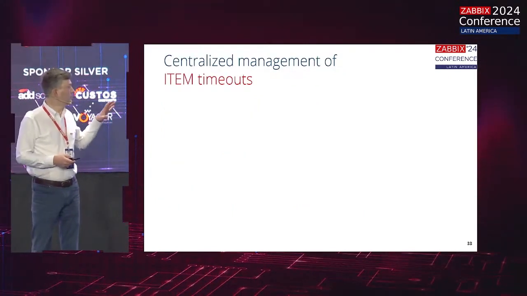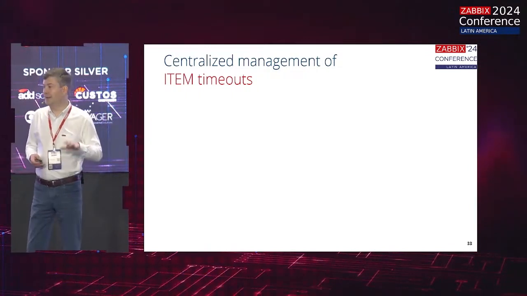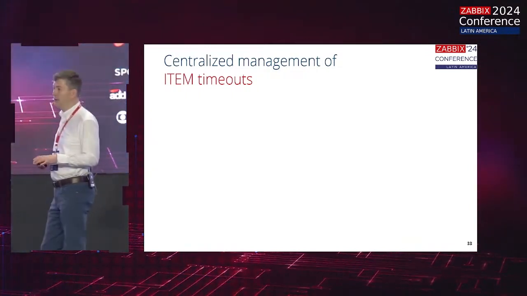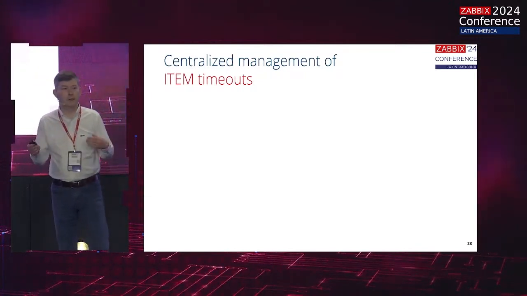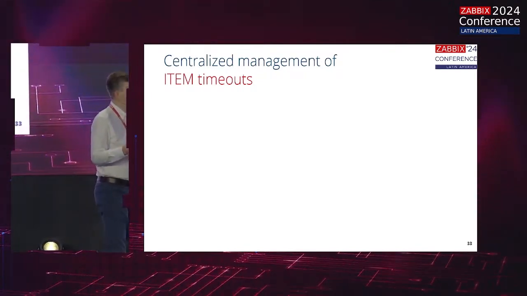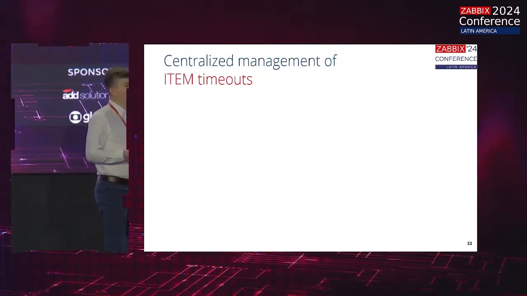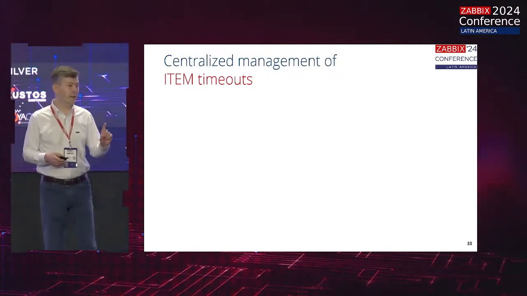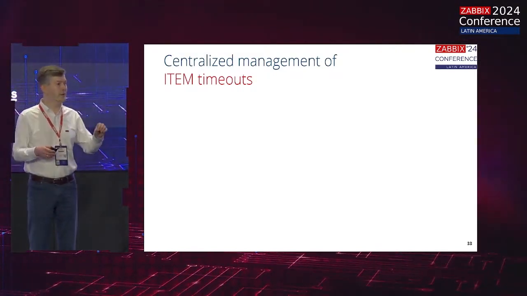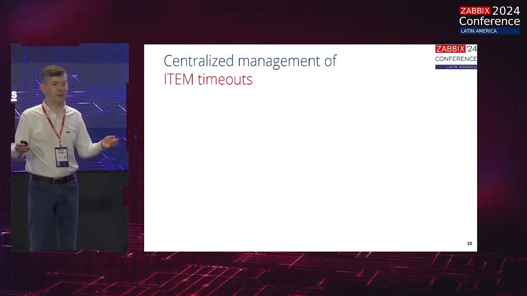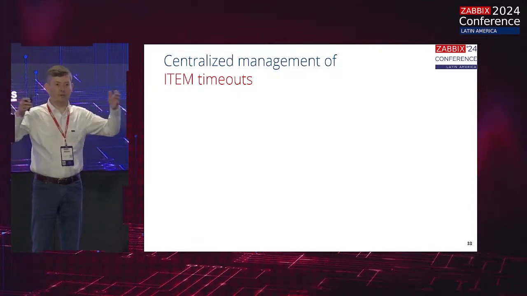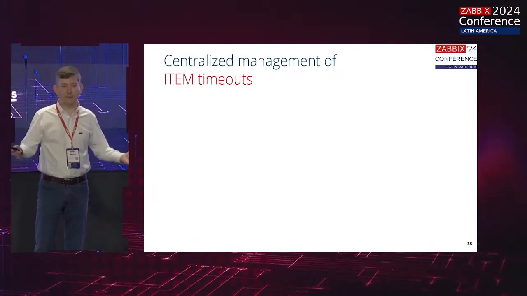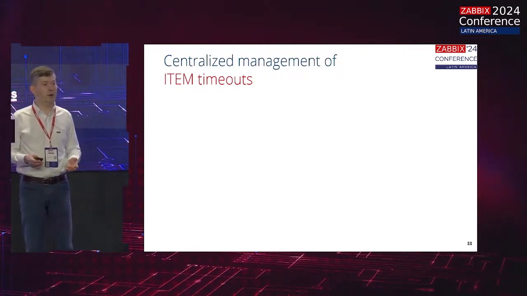Another great change is centralized management of item timeouts. You know this problem when you want to increase the timeout just for one item, and you cannot do it. You increase the timeout for the whole system, for example, and it doesn't work well because this timeout is for all items, and it slows down the system very, very much.